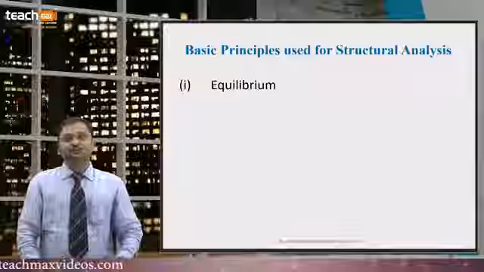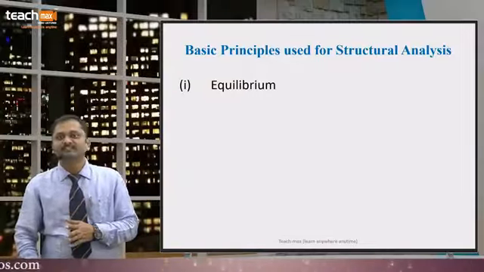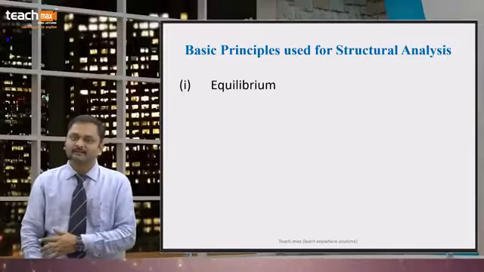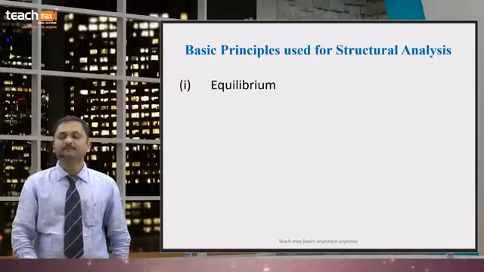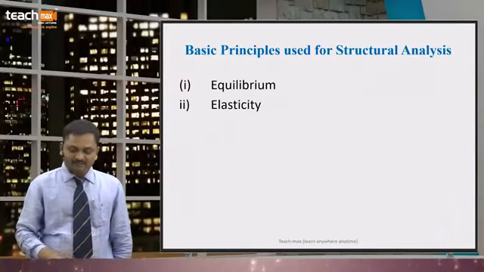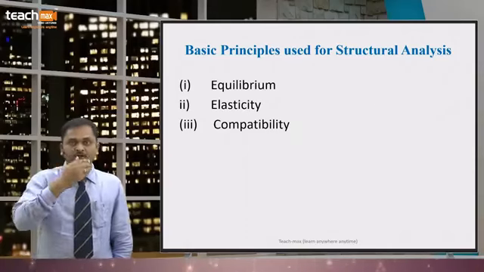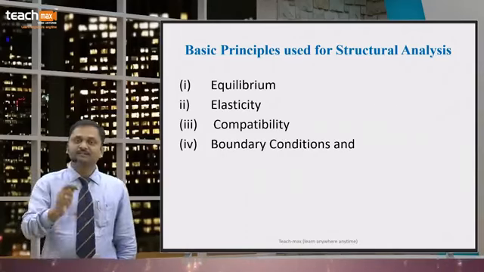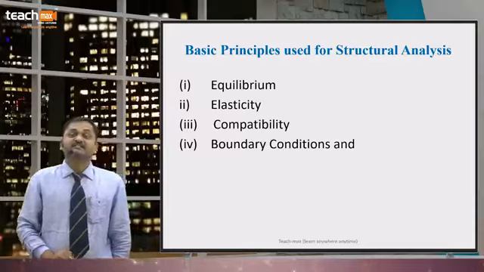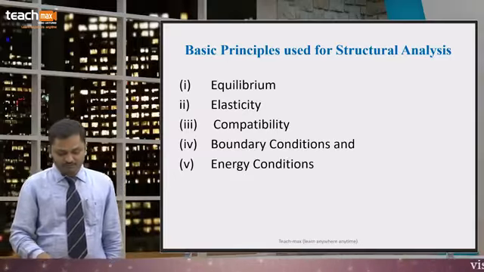So to find out the number of unknowns we need to apply some principles, okay, some methods. So these are some principles we can say. Equilibrium conditions already we use, elasticity conditions we need to use, compatibility conditions we need to use, boundary conditions we need to use, energy conditions we need to use, right?